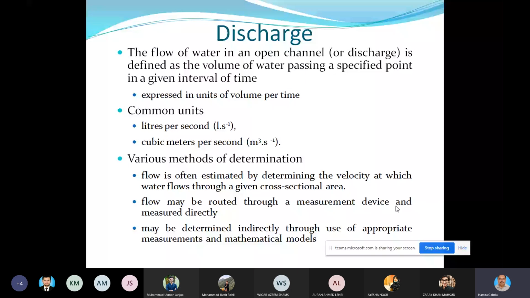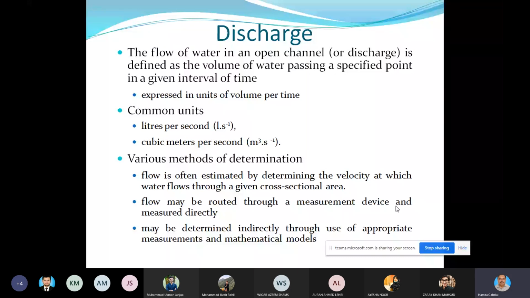So how can we measure the discharge? We can employ different methods of discharge determination. If we somehow measure the velocity, then just multiplying it by the cross-sectional area, we can determine the discharge. As we know that Q is equal to V into A. Discharge is equal to velocity into cross-sectional area.